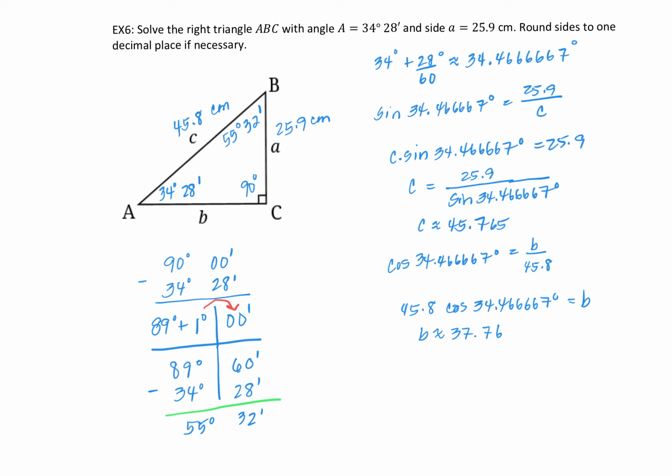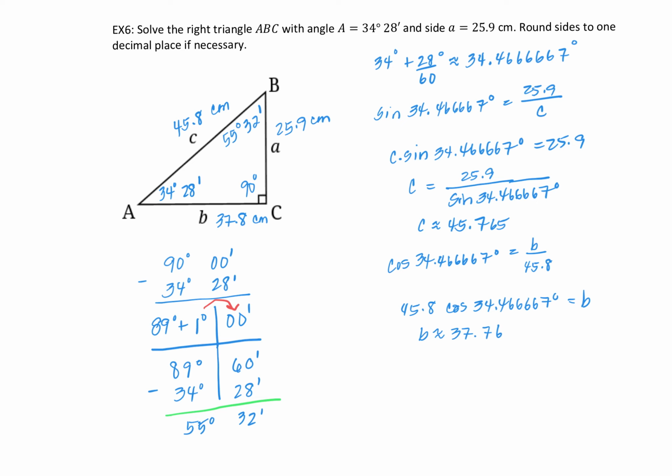I won't use the whole decimal that I have. It says round to 1 decimal place, so that should be 37.8 centimeters. Okay, so let's do a visual check.